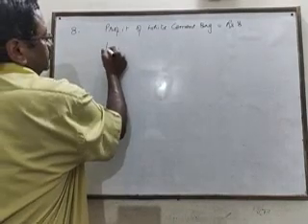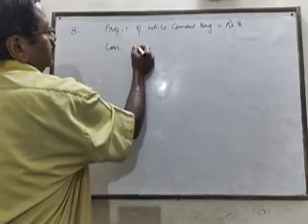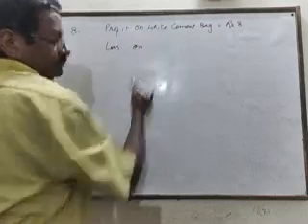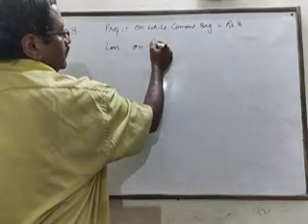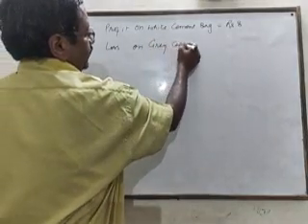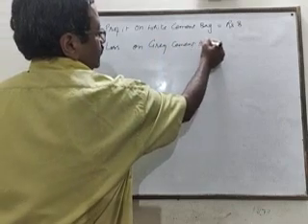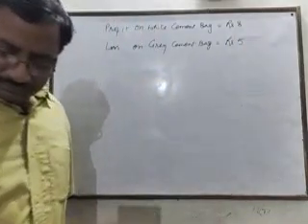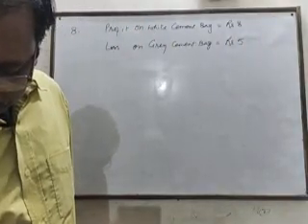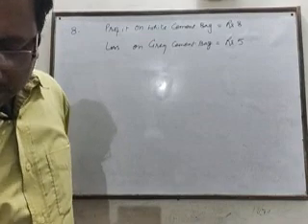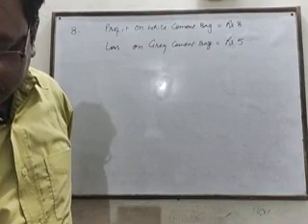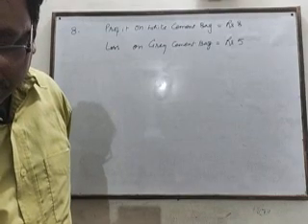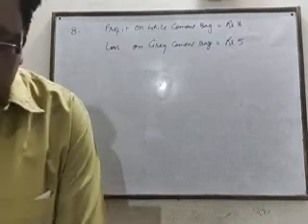Loss on grey cement bag is ₹5. The company sells 3,000 bags of white cement and 5,000 bags of grey cement in a month. What is its profit or loss?